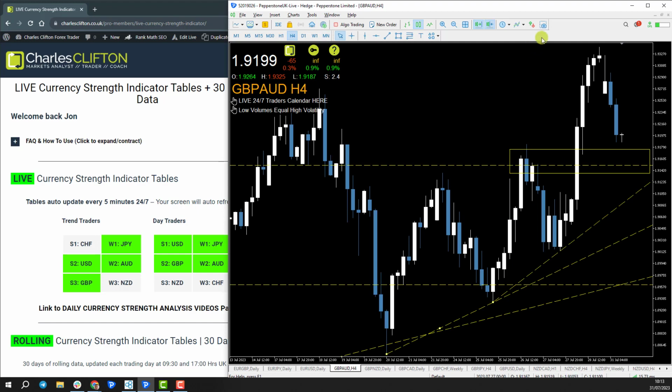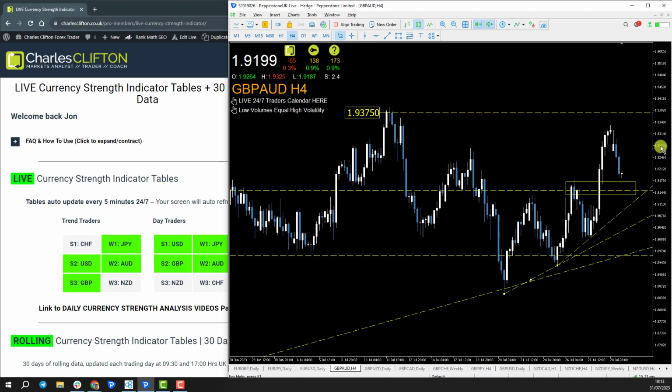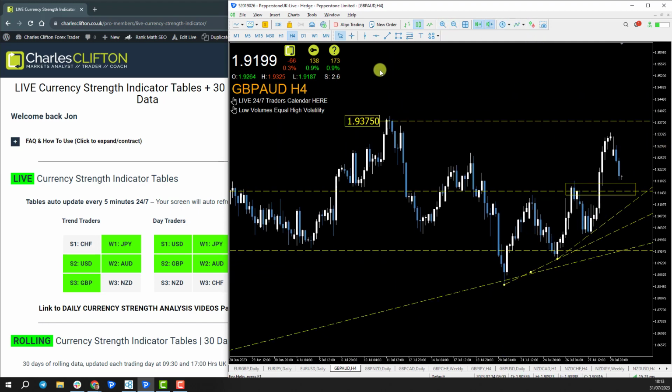Now if I go to the 4-hour time frame, you can see that the market has made new higher highs. We've traded through trendline resistance in here. Price traded through that. We made the higher high, higher low pattern. Now we've made a new high.